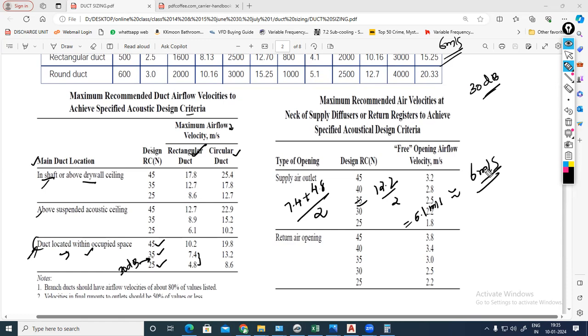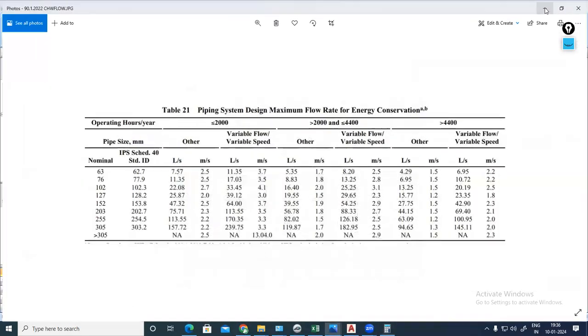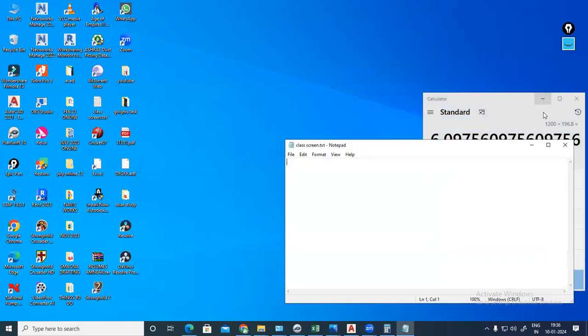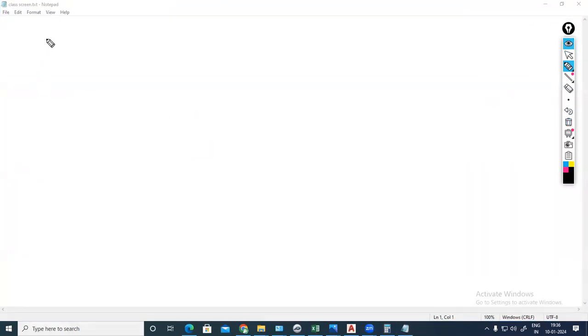Fine. Now I found the velocity. Now we can apply the continuity equation, then I can find it. For example, just a sample: I have a small machine, a fan coil unit, and this is a starting duct. A lot of branches will come, but I just have to calculate the starting duct dimension.